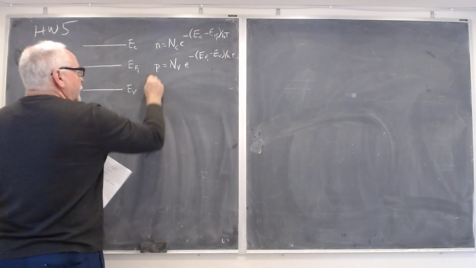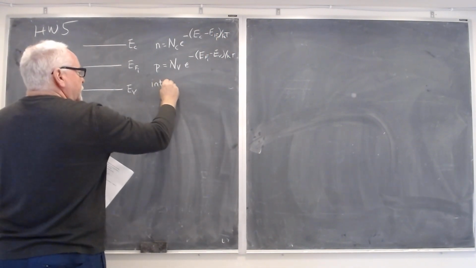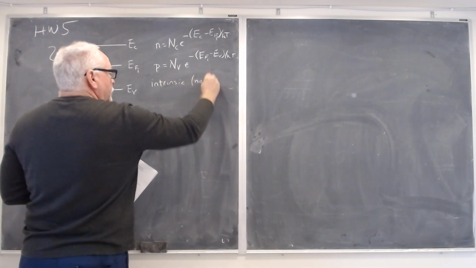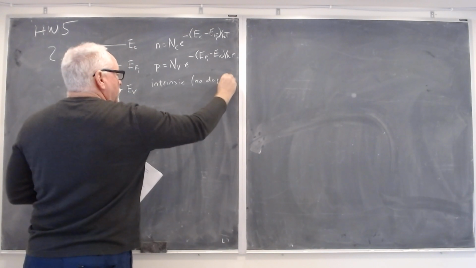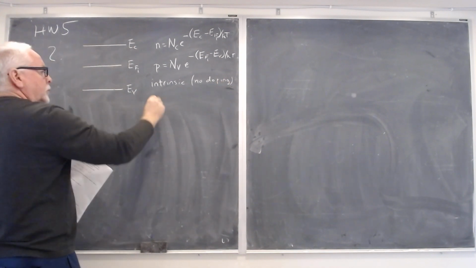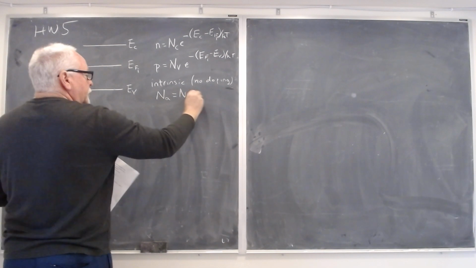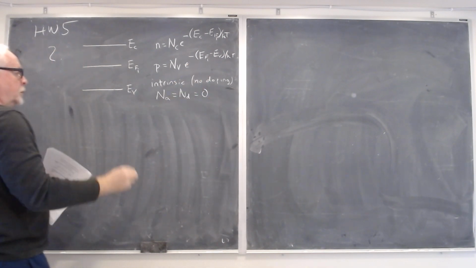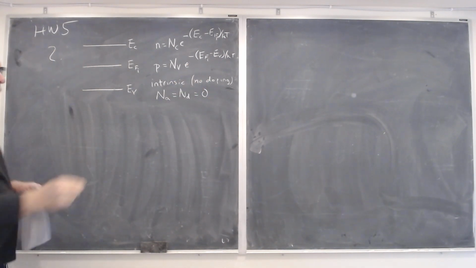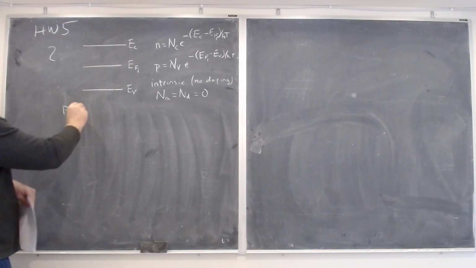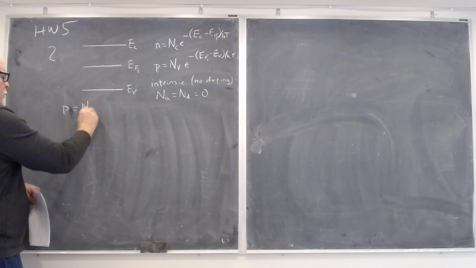And then if it's intrinsic, meaning no doping, then there's no acceptors or donors, they're equal to 0. And so, go back to our charge neutrality equation.